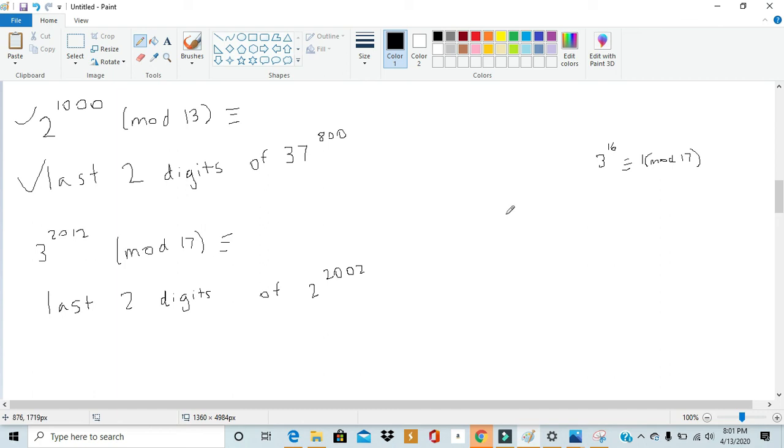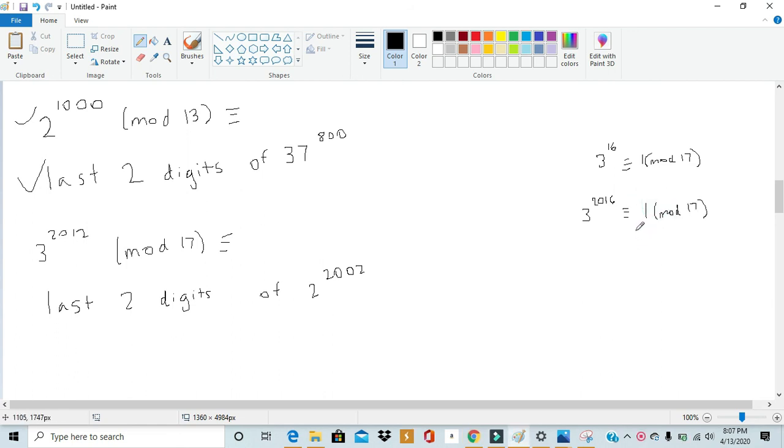However, if we do something slightly different, if we go to the smallest multiple of 16 greater than 2012, we get 3 to the 2016 also be congruent to 1 mod 17.